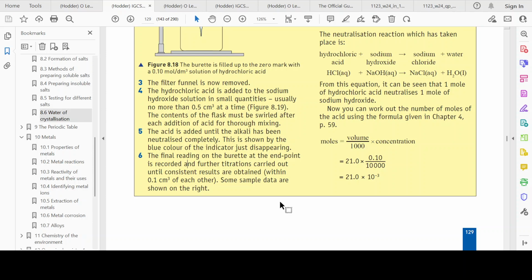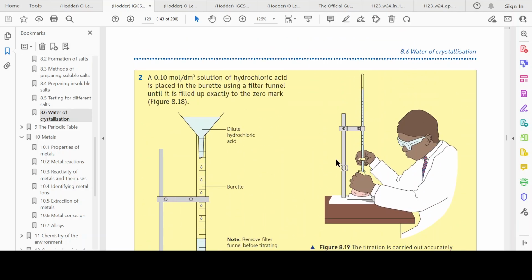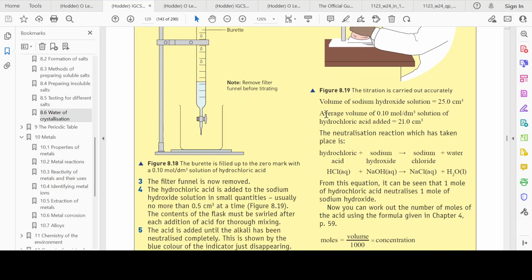So it says over here that the final reading on the burette is recorded and further titrations are carried out until consistent results are obtained within 0.1 centimeter cube of each other. And some data samples are shown to the right.